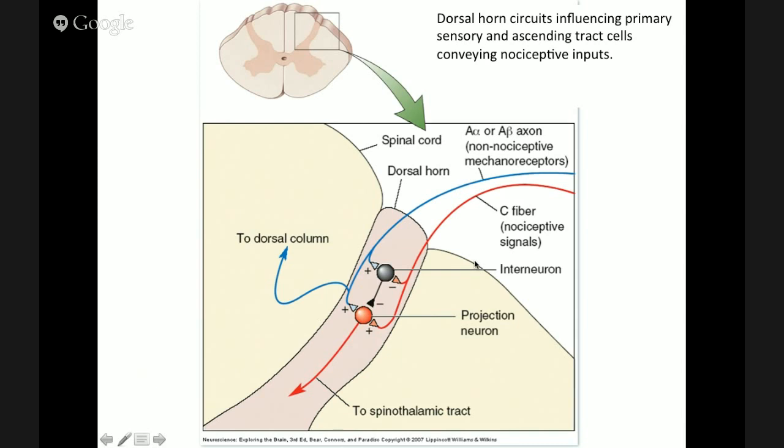So generally, there are a couple of different ways of modulating the pain information, modulating pain perception.